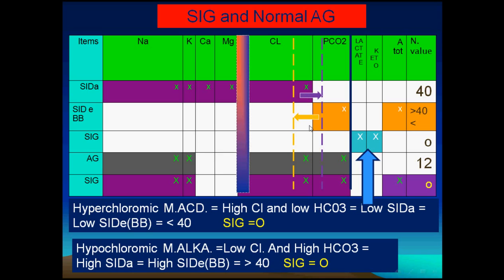In normal anion gap, there are no acids added, whether keto acid, lactic acids, or fixed or non-fixed acids. There is no increase in these acids. There is only loss of either chloride compensated by increasing bicarbonate, or loss of bicarbonate compensated by increasing chloride. So in this case, the strong ion difference or the strong ion gap will be normal. It will be zero.